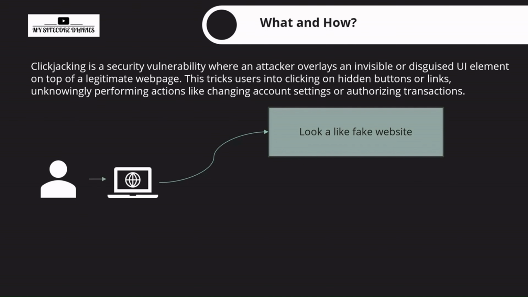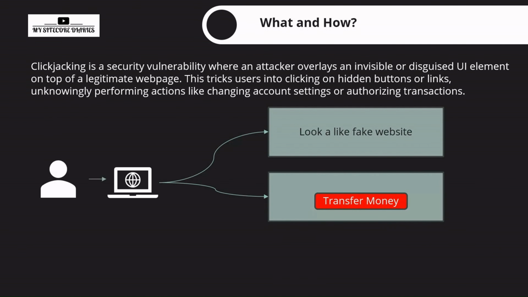It will look like you are on the same website, but it's actually a fake website, and whatever you are performing, the attacker is collecting your data. There can be a website where you will see a get discount button, but behind that there is a transfer money function. So when you click on get discount, it is actually transferring your money to their account.